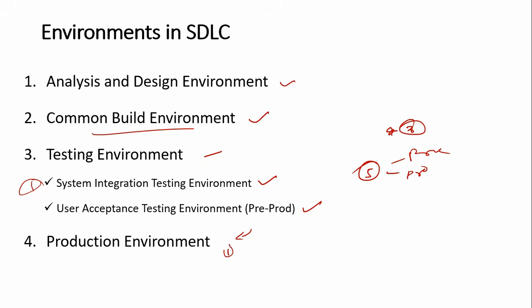But there will be only one production, one UAT. Before going to live production, the data will be similar to production. With that, we will test it. That's what user acceptance testing is. A similar setup of production, that's what pre-production is. And once that is successful, it will go live.